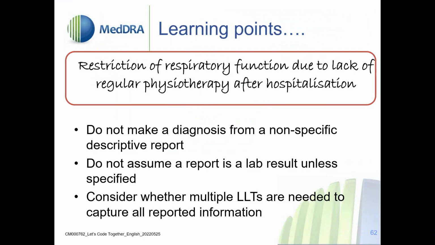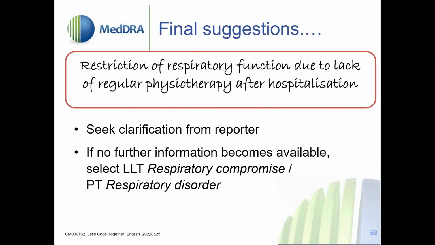And when dealing with combination terms, always consider whether more than one LLT is needed to capture the full information. In this instance, this was not the case because the reported reason for the restriction of the respiratory function in this patient is out of scope of MedDRA. It cannot be captured with MedDRA. So the lack of physiotherapy in this instance.